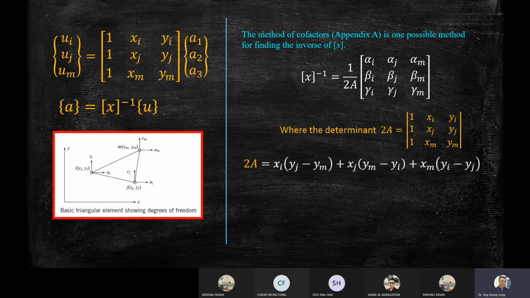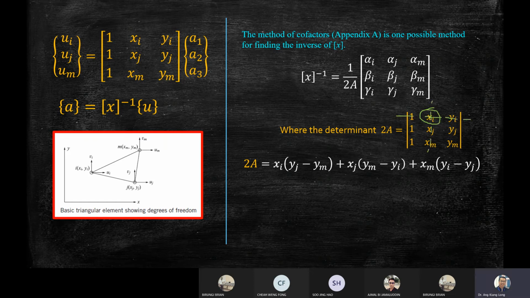So if you calculate the value manually, how do you get 2A? This is the mathematical way. You choose this one, meaning you close this row and this column.